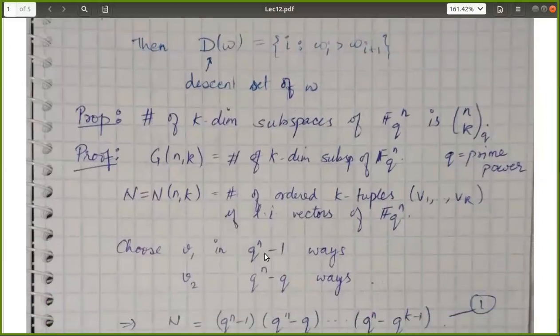Now, once v1 has been chosen in these many ways, v2 can be chosen in q^n minus q many ways, because v1 would have made q many vectors dependent on itself.